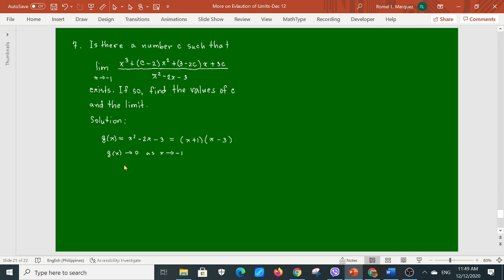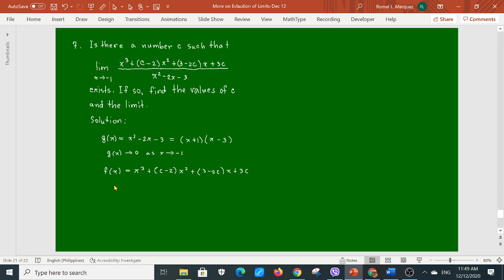So, let f of x be equal to x cubed plus (c minus 2) times x squared plus (3 minus 2c) times x plus 3c. We want this to be equal to 0 when x is negative 1.